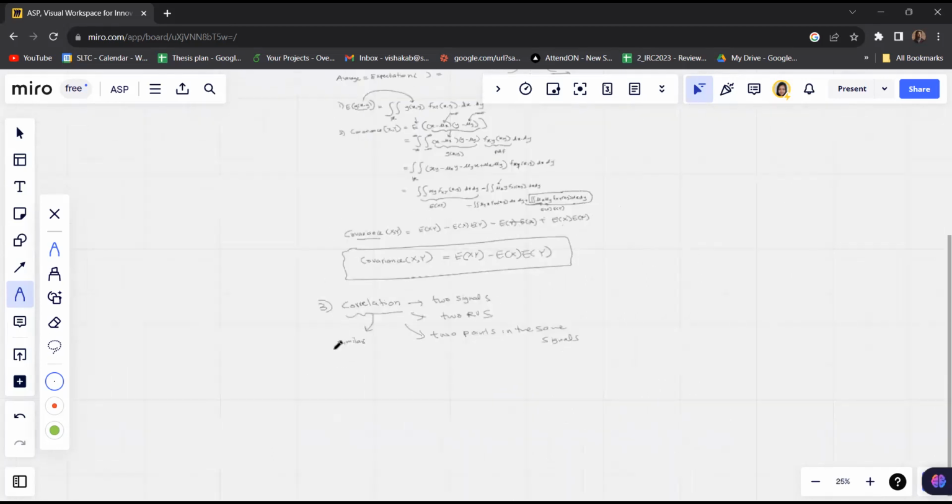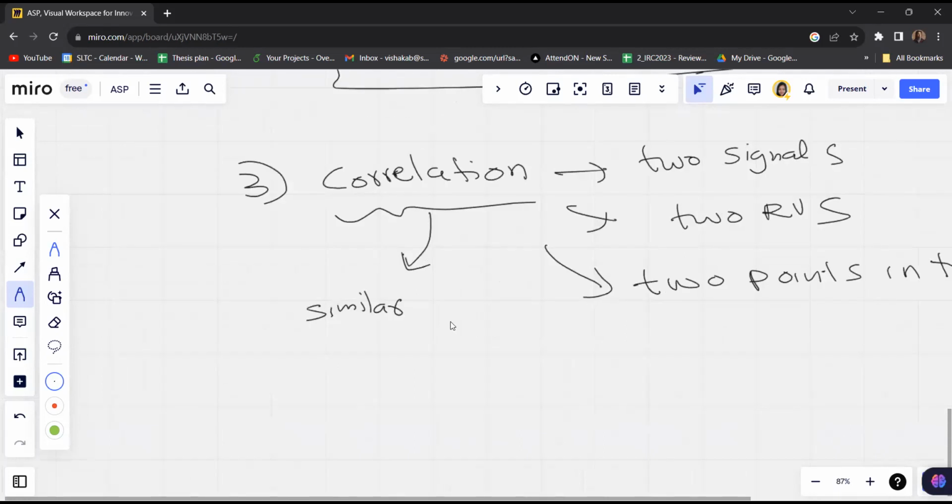So correlation, we can denote that mathematically, and using that mathematical equation or function, we are trying to give a value for the similarity between two signals, or 2 points in the same signal, between two data points. So similarity between certain points we can find using correlation.